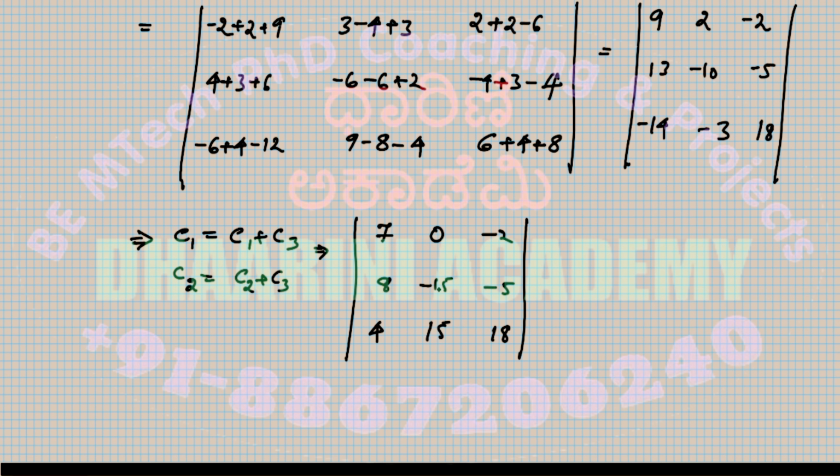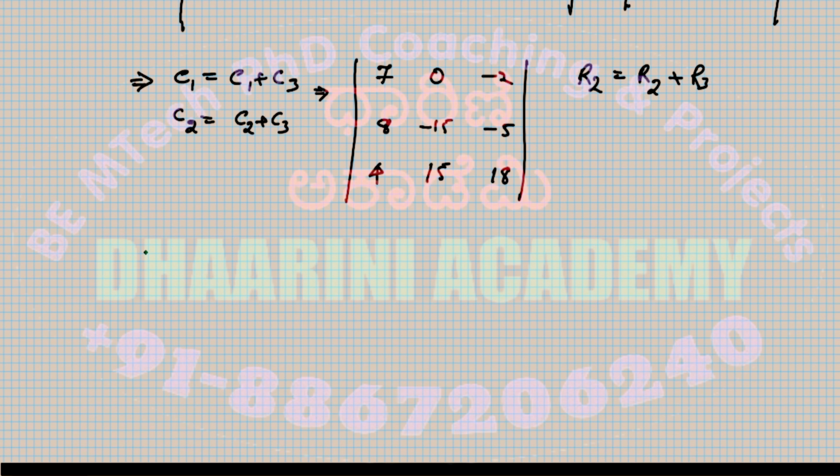I want to perform row 2 equals row 2 plus row 3. Row 1 is unchanged: 7, 0, minus 2. Row 2 plus row 3: 12, minus 15 plus 15 is 0, minus 5 plus 18 is 13. Row 3 as it is: 4, 15, 18.